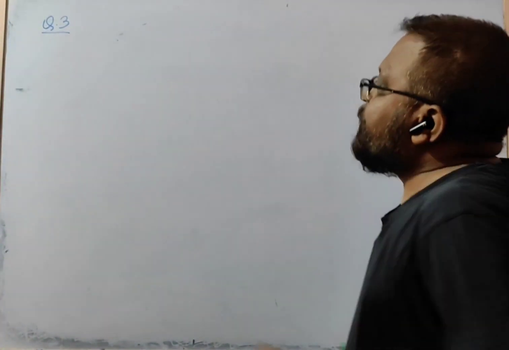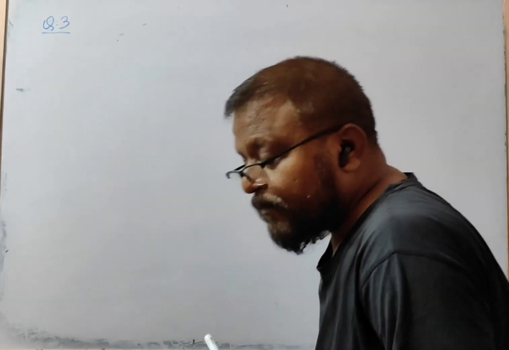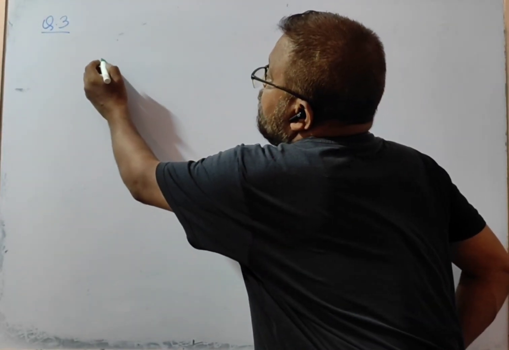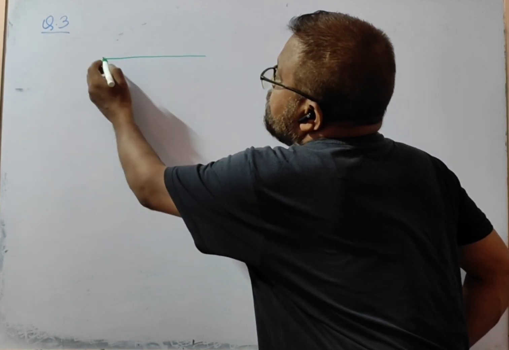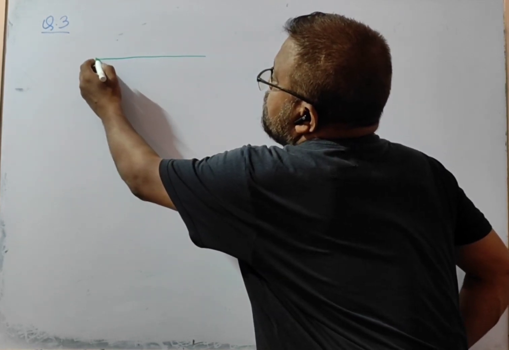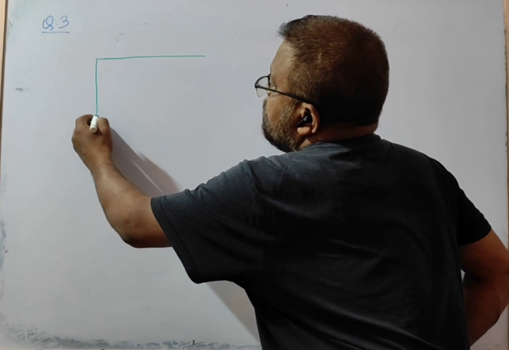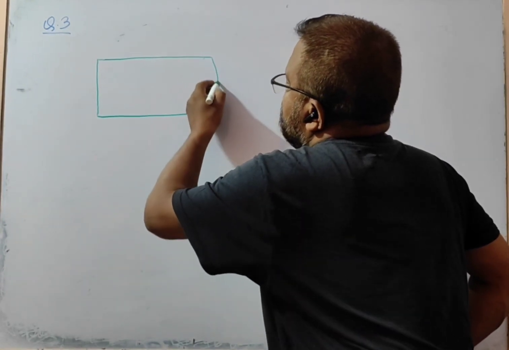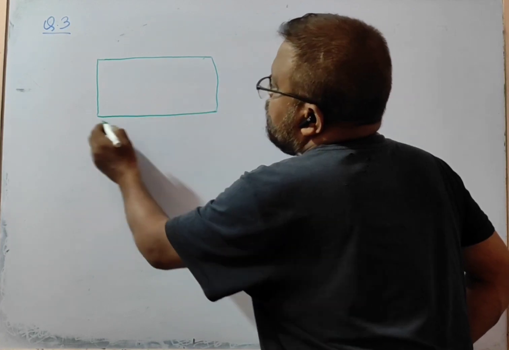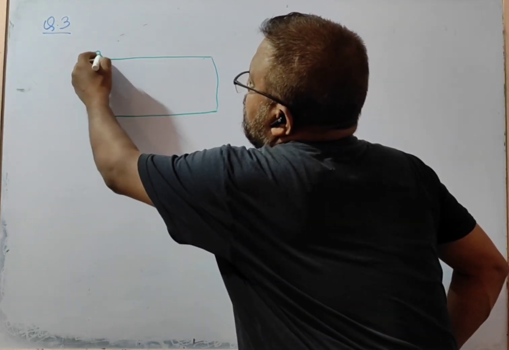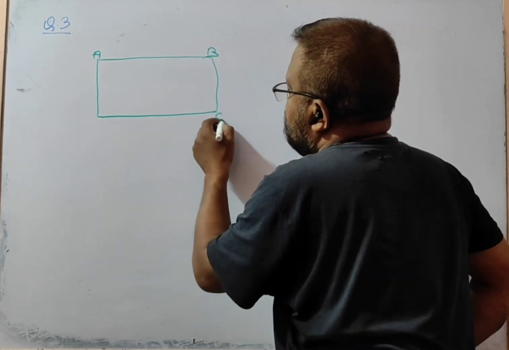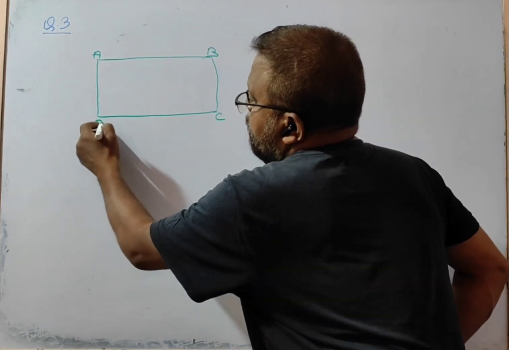The rectangle is like this, having vertices A, B, C, and D.